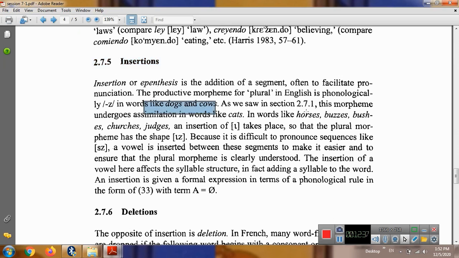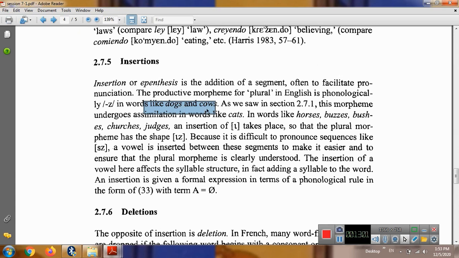As we saw in section 2.7.1, this morpheme undergoes assimilation in words like cats. As I told you, this sound is s, and when it is adjacent to the voiced sound, it turns to its voiced pair, which is z.